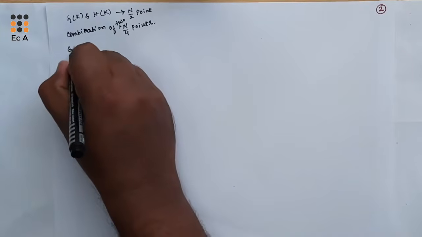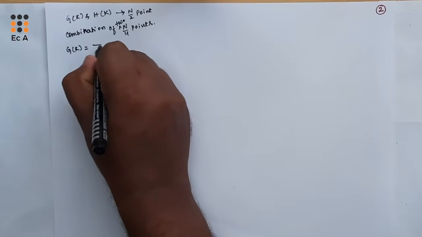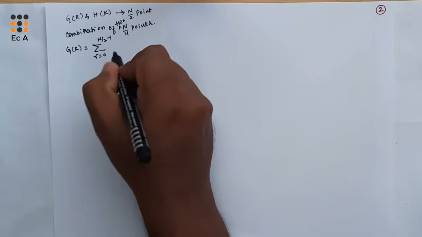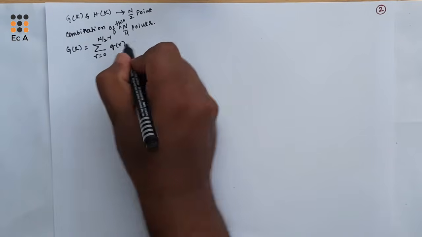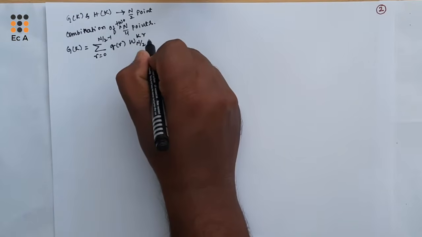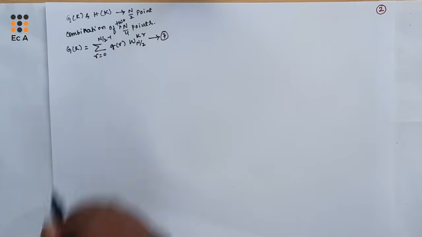Let us write g of k as summation of r is equal to 0 to n by 2 minus 1 g of r Wn by 2 to the power of kr. Let us call this equation number 7.